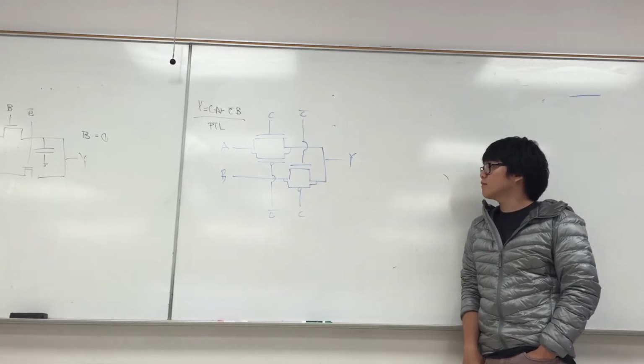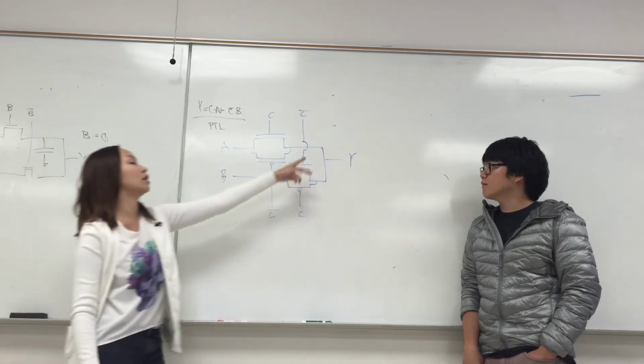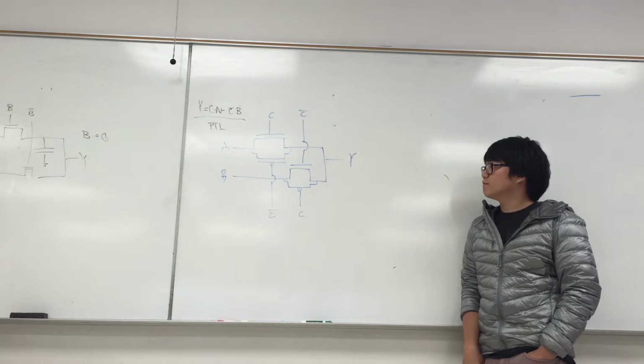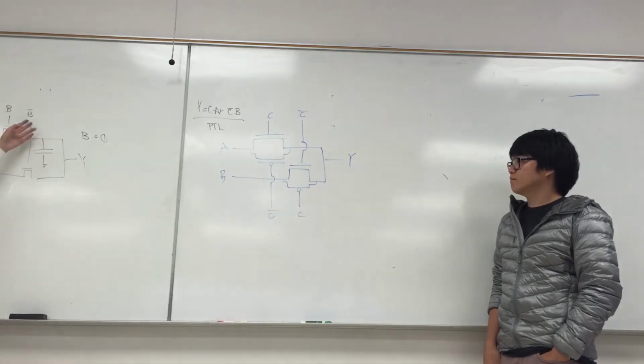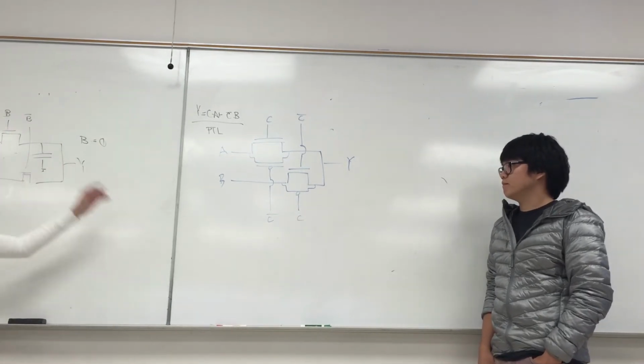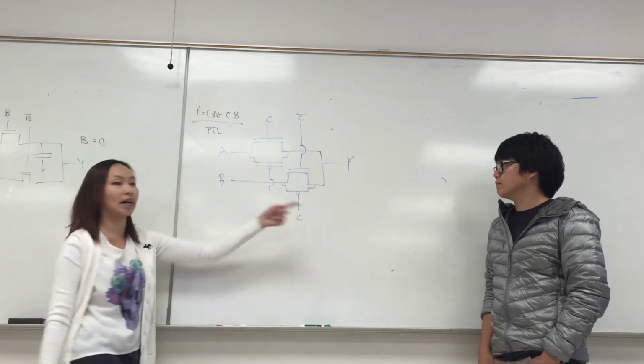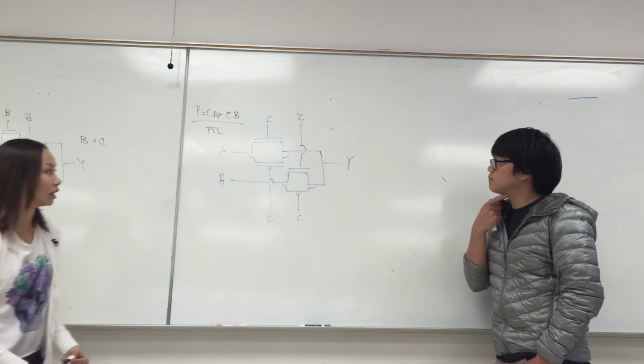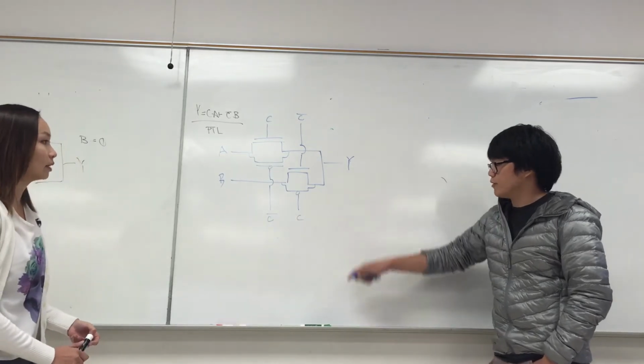But in this case, this already has a branch for C not, so when C is off, B has somewhere to go. We don't have that issue. All right, good job.